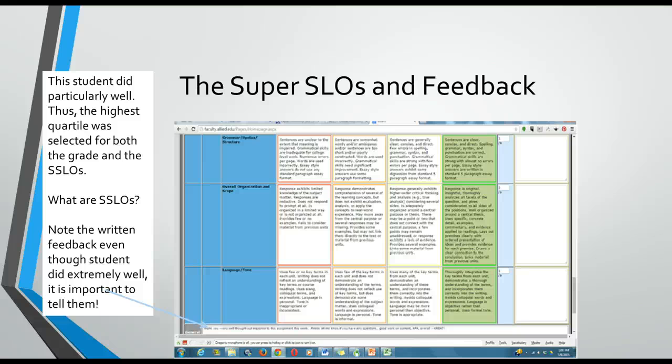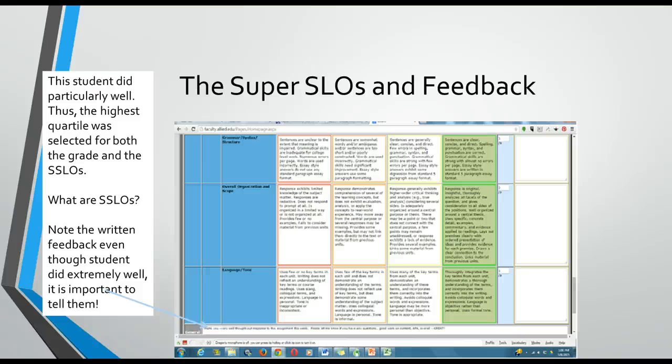And we also have specific super SLOs that will measure for oral presentations and for solving problems, both discrete problems like 1 and 1 is 2, or non-discrete problems like write a code to make this computer program do something.